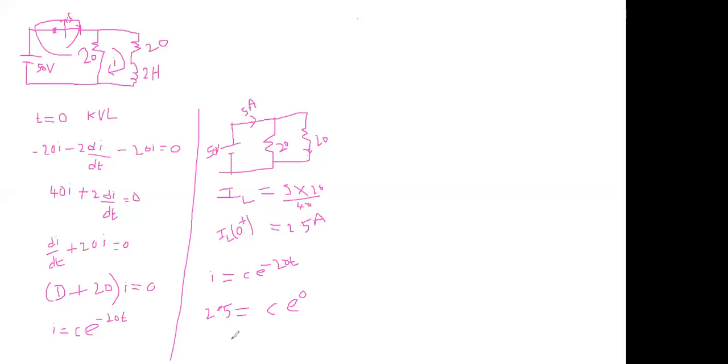Then C equals 2.5 ampere. What is the solution of the equation? I equal to 2.5 e power minus 20t.